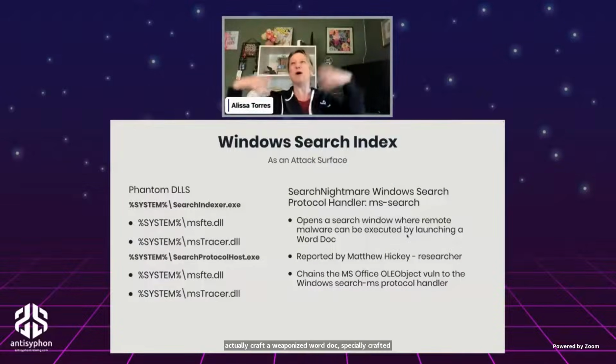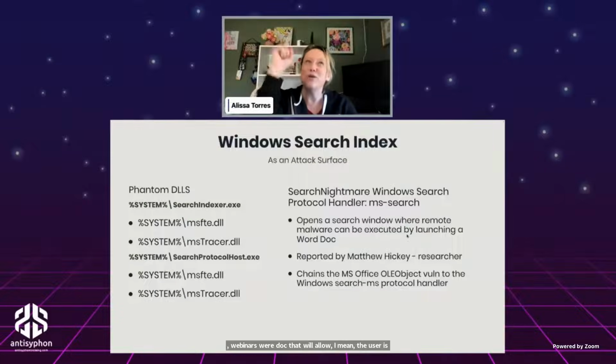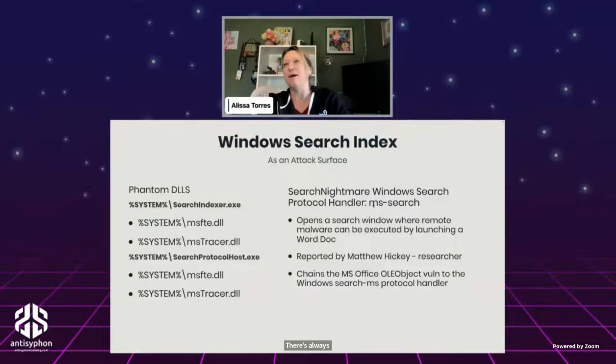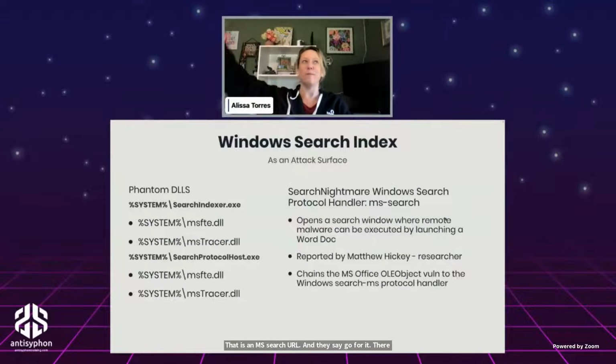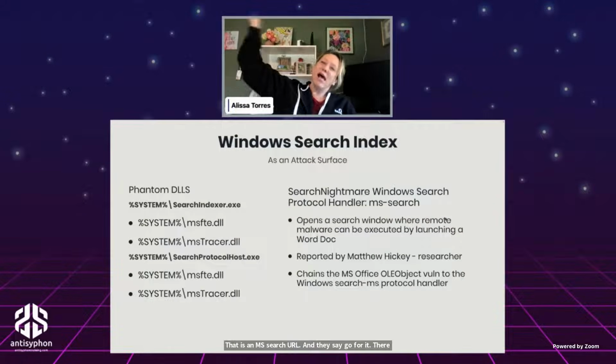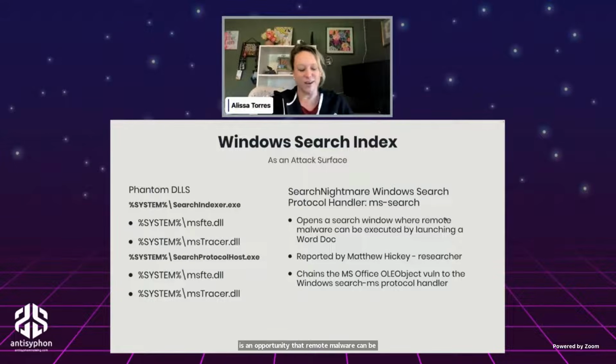There's always going to be a prompt, right? But if the user clicks on a URL that is an ms-search URL, and they say, go for it, there is an opportunity that remote malware can be downloaded and executed, simply based on the presence of a URL. So it's kind of cool.